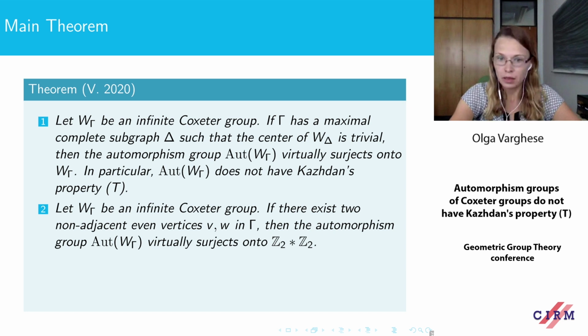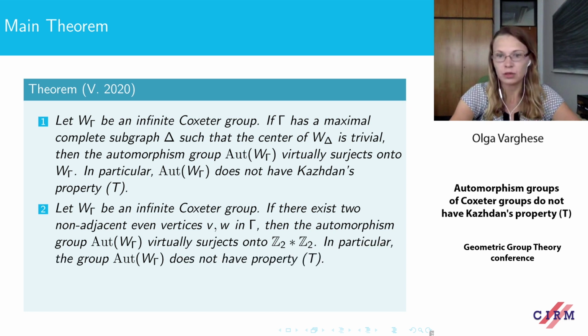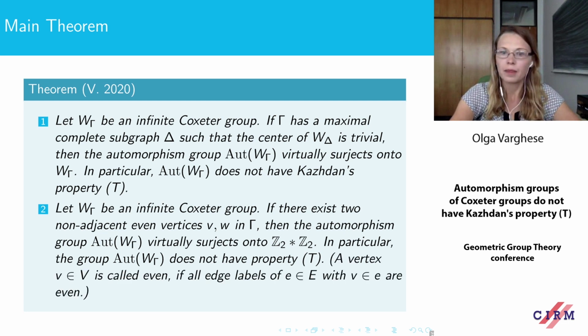So in particular, no property T for the automorphism group. And what do I mean by an even vertex? A vertex v in V is called even if all edge labels of e in E with v in e are even.